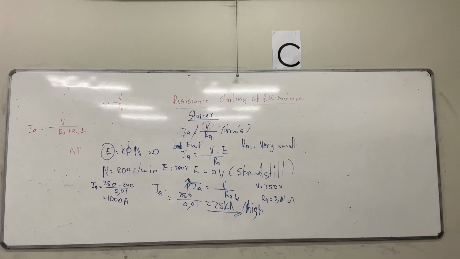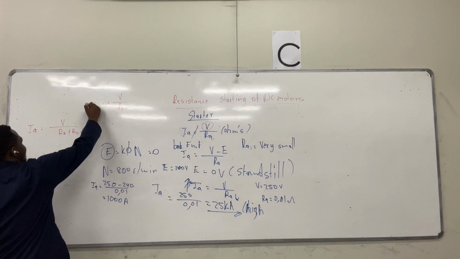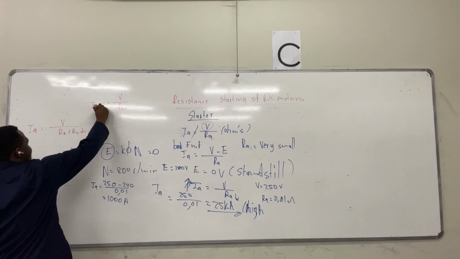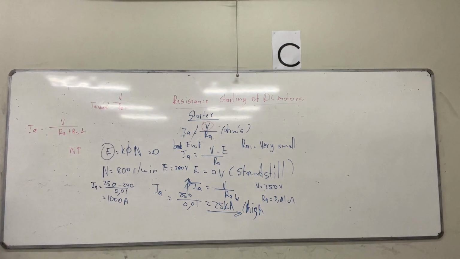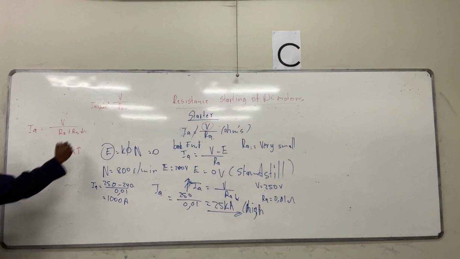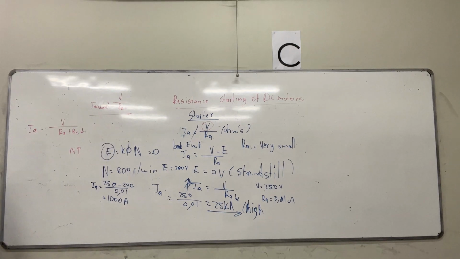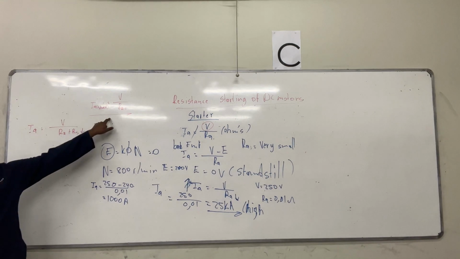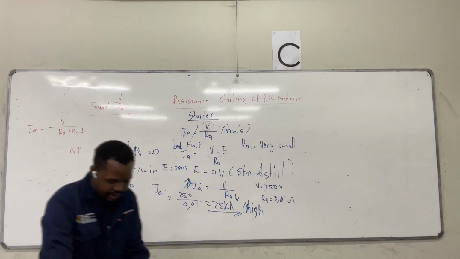IA start, starting current. This is just a starting current, guys. This is just a high starting current. Asikafaki into qha si-starting current is na? Here asifakanga any start. Yeah, this is just calculating is starting current. Okay.